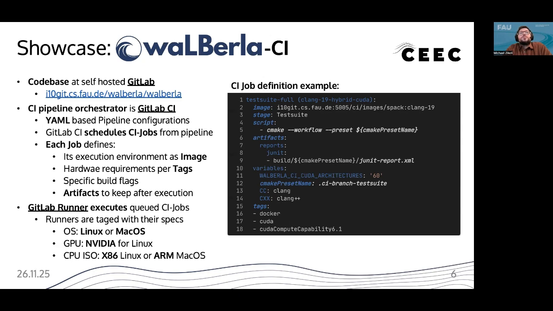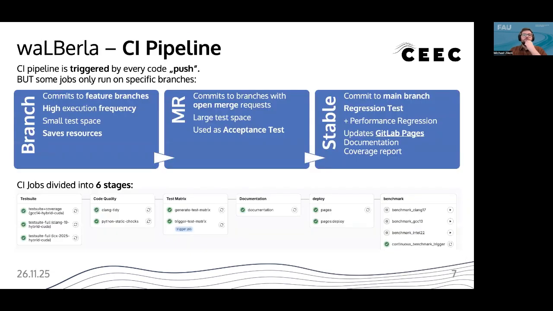So here, for example, at our chair, we have different workstations and compute units for Linux and for macOS. For GPUs, we only have NVIDIA GPUs on some of our Linux systems. And the macOS ones are ARM, and the Linux ones are x86, and they are of different versions.